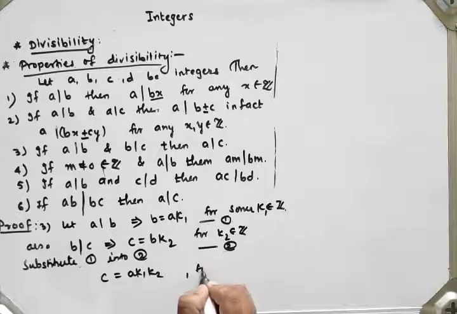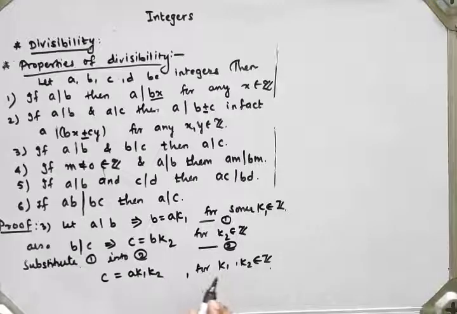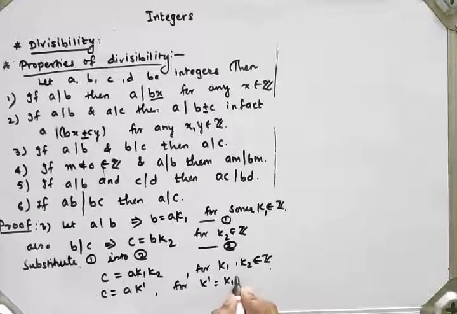For k1, k2 belonging to the set of integers, their product again belongs to the set of integers. So I will write c is equal to a into k dash, for k dash equal to k1 into k2, which belongs to the set of integers.